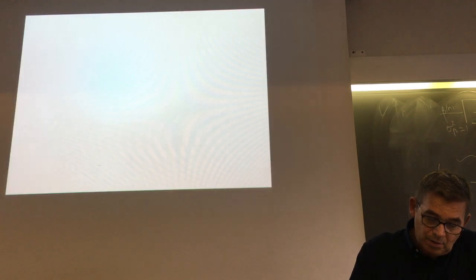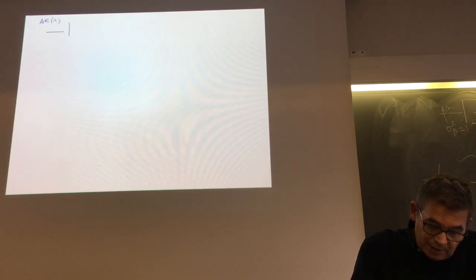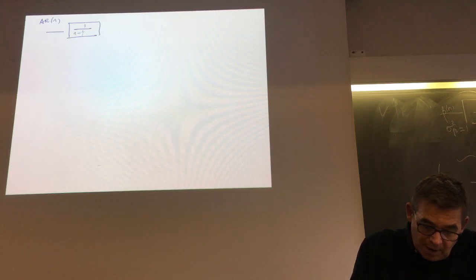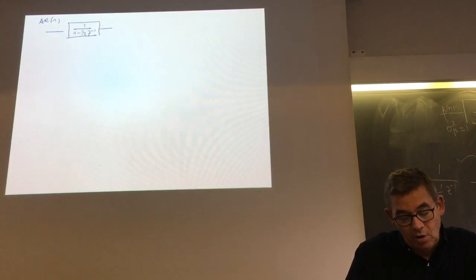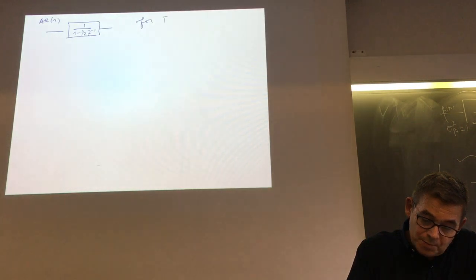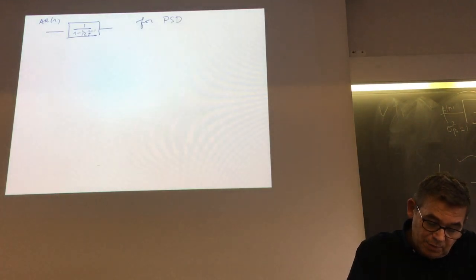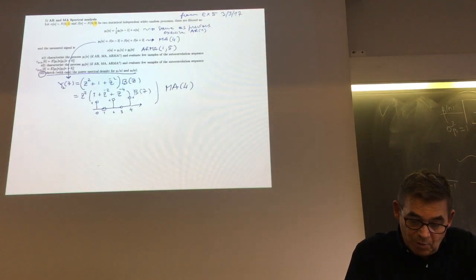So the autoregressive order 1 is obtained by filtering with 1 minus 1 half z to the minus 1. Okay? So my goal is to sketch the power spectral density. Now here the input is alpha with the power 1.